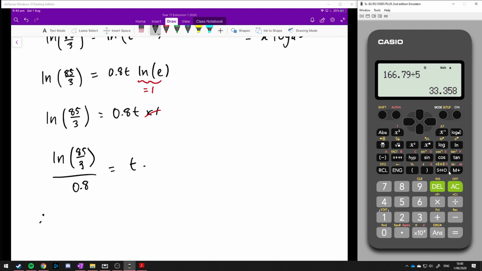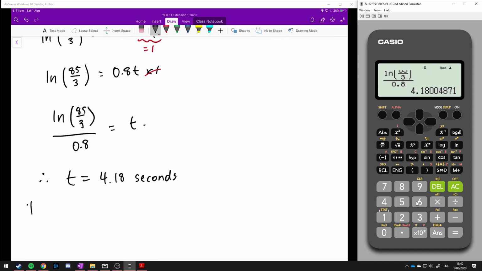So therefore, t will be equal to log of 85 over 3, close the bracket off, over 0.8. There you go, time will be 4.18 seconds.